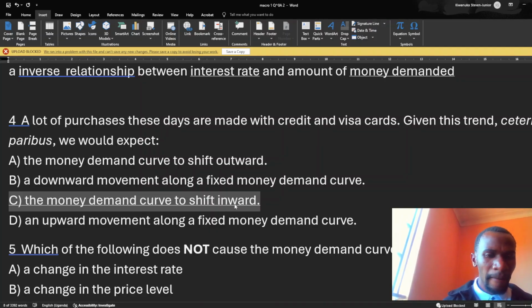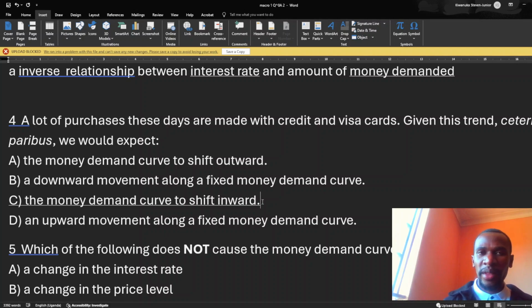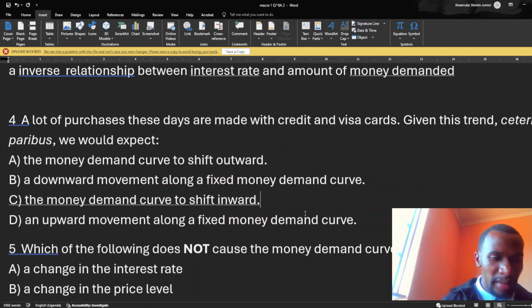Why? Because all of your money is in cashless form. That means there is less demand for hard or physical money. That is why the money demand curve shifts inwards, because there is less demand for physical money now that the money is in cashless form, like mobile money.